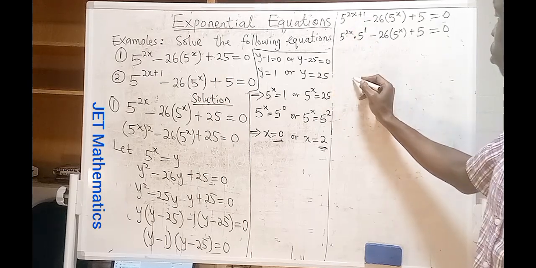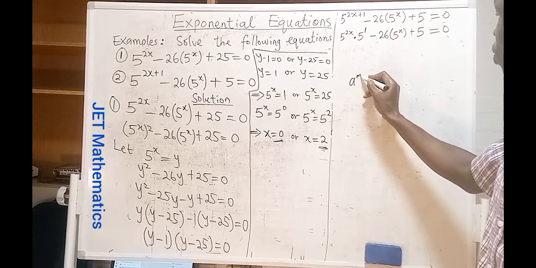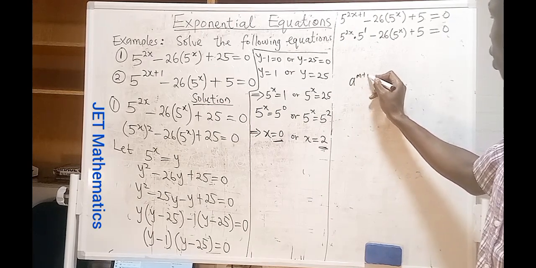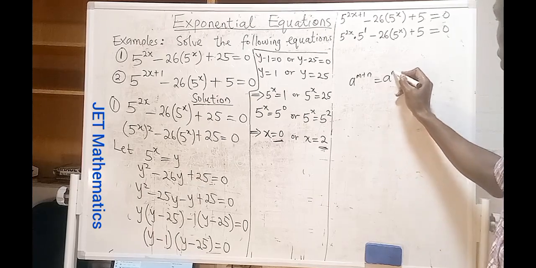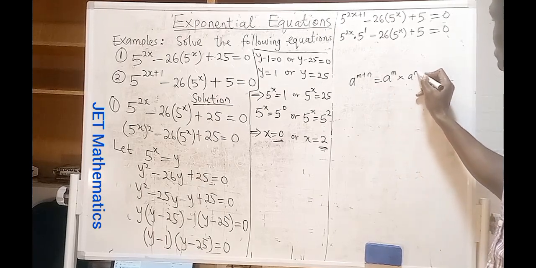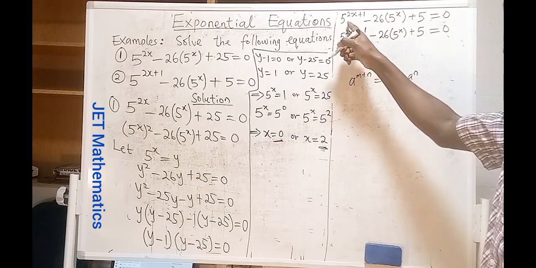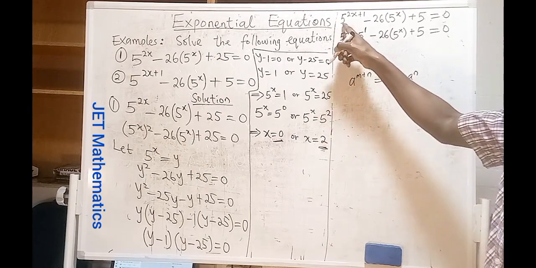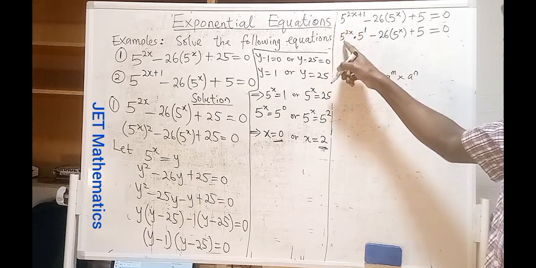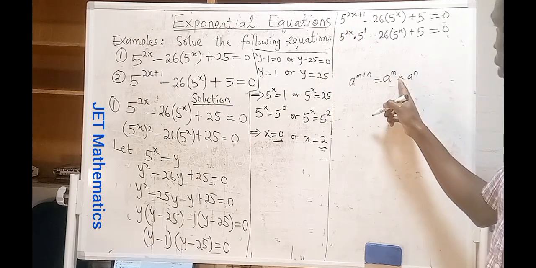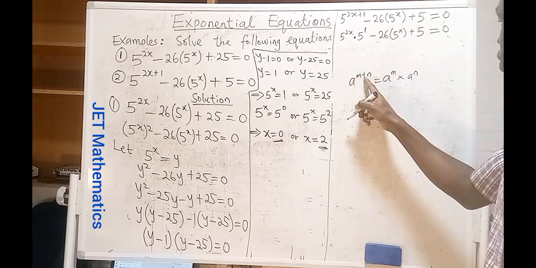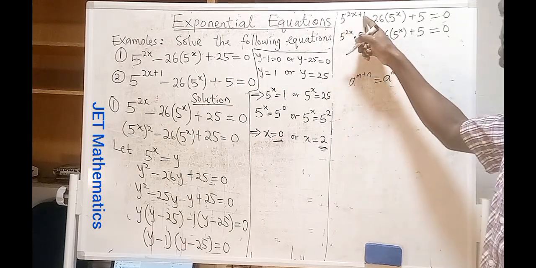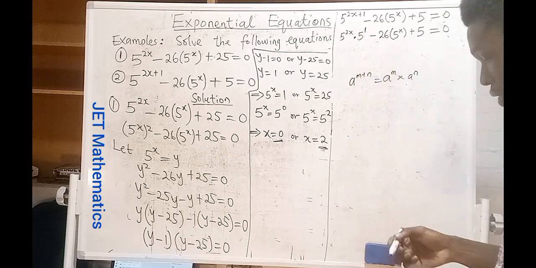In indices, remember you have a raised to the power of m plus n is the same as a raised to the power m times a raised to the power n. So that's what we have used here. Here again, it is 5 raised to the power 2x times, because of the plus, 5 again raised to the power of 1. So that's what you have there.